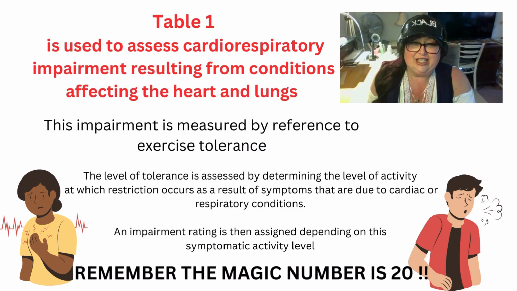Basically, it's the level of intolerance that's assessed by the amount of activity that causes the restriction. So if it takes you 2 minutes of walking before you become out of breath, then that's your level of tolerance before a resulting symptom.